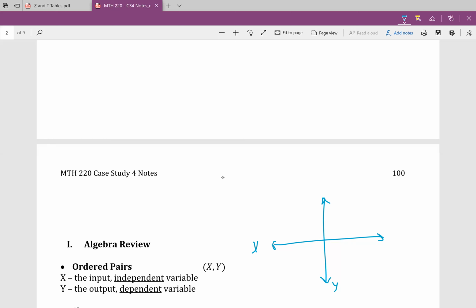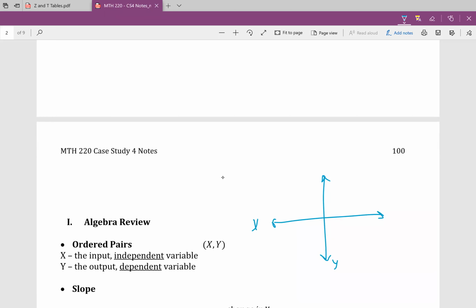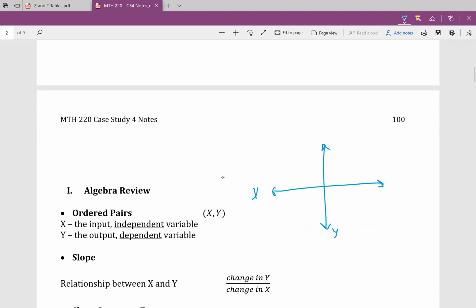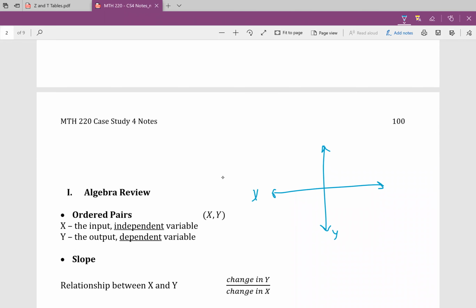So y will always depend on what x is. Another important thing when we are talking about ordered pairs and lines is slope. Slope is the relationship between x and y. It can be expressed like this: the change in y over the change in x.